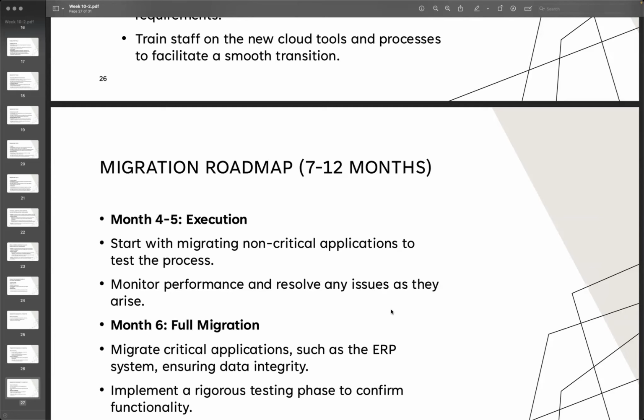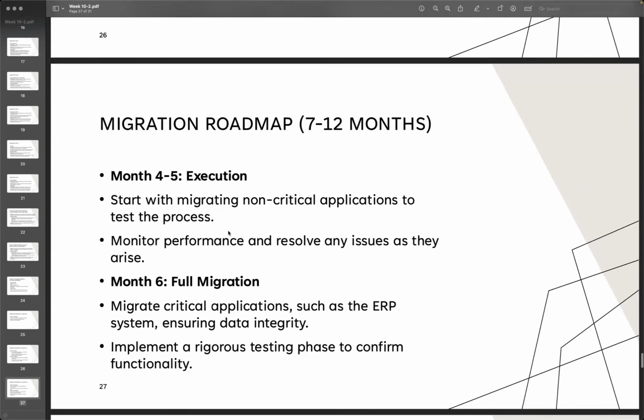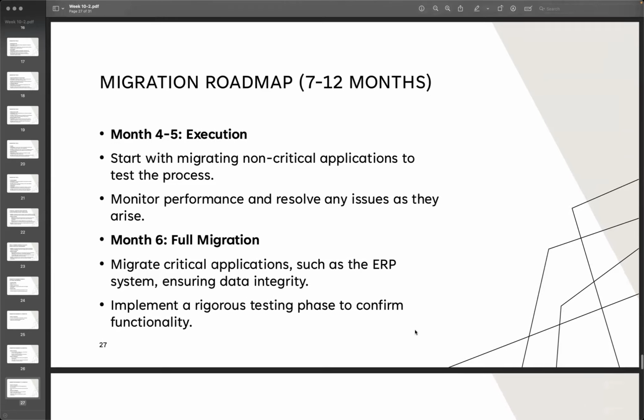After the basic, non-critical ones, we start to migrate the critical applications in the full migration stage, such as the ERP system. We also try to ensure the data integrity, and we implement a testing phase to confirm the functionality. So that's what we do here.